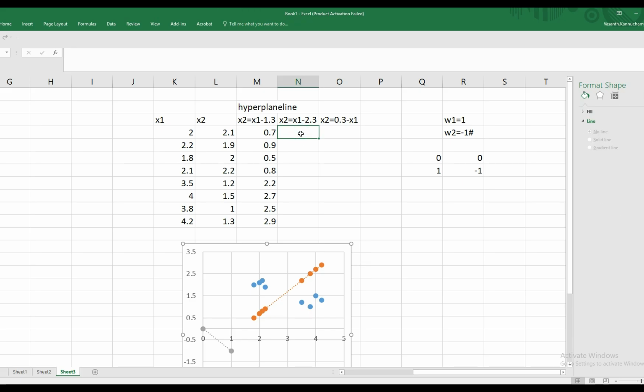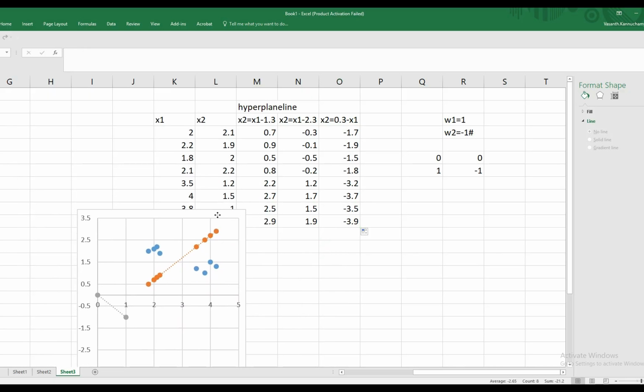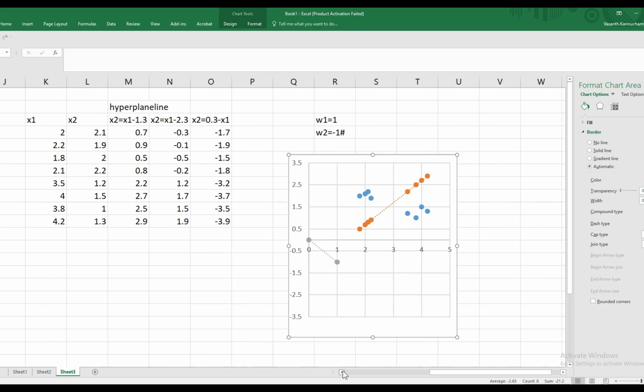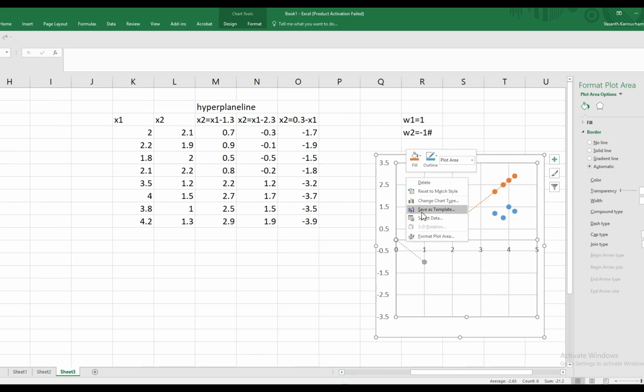So x2 is equal to x1 minus 2.3. For the other one, x2 is equal to 0.3 minus x1. Now we plot x1 versus x2.